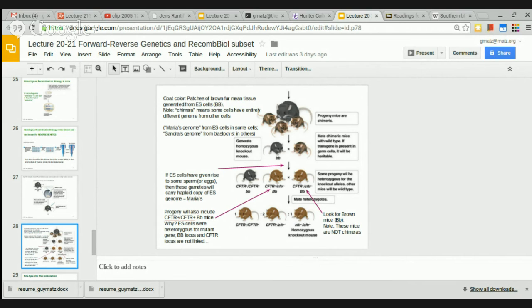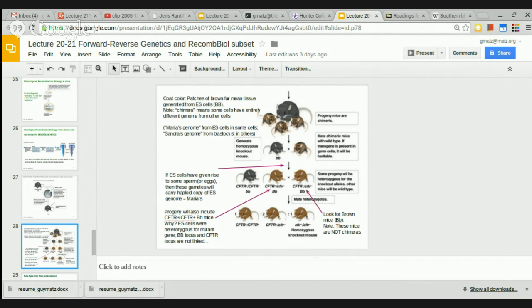But if you get these browns, you're going to now have to do further matings to figure out which ones are carrying your mutation. And we do that directly, many times with just, again, DNA PCR. But once you've figured out that this is carrying the mutation, perhaps by PCR, and you can imagine in your heads how we could figure that out.